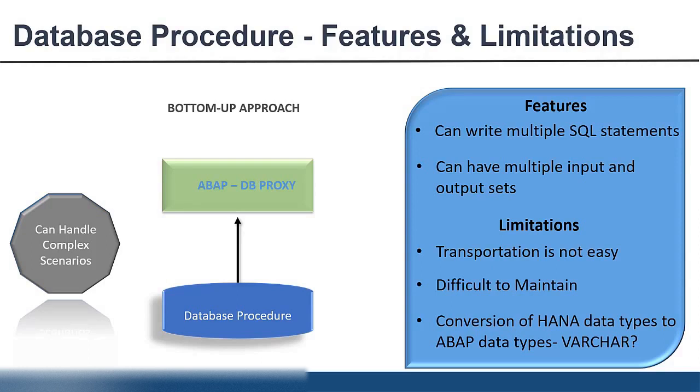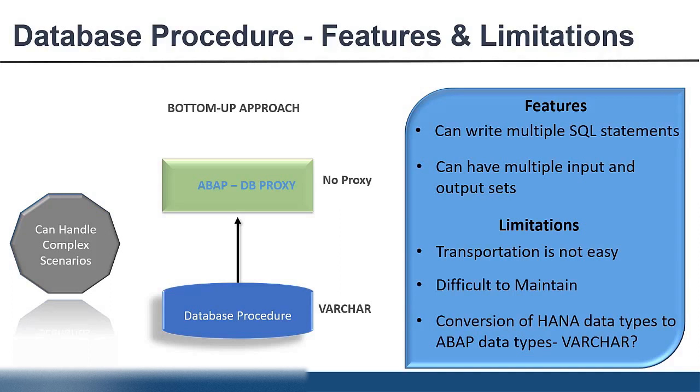Suppose I create a custom table in HANA database, and using this custom table, I create a database procedure. Now I activate this database procedure and try to create a proxy on top of it. In my custom table, if I have used the data type varchar, and now I try to create a proxy for this database procedure, the system will not create it.